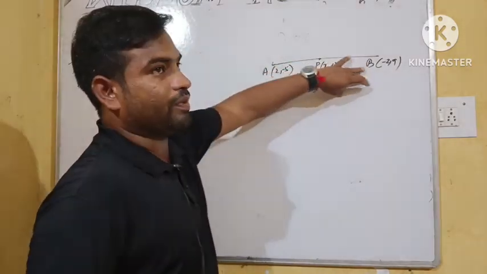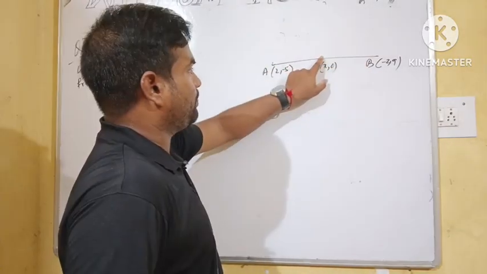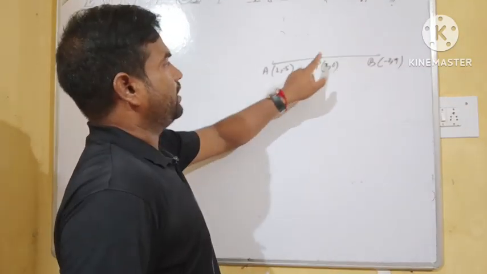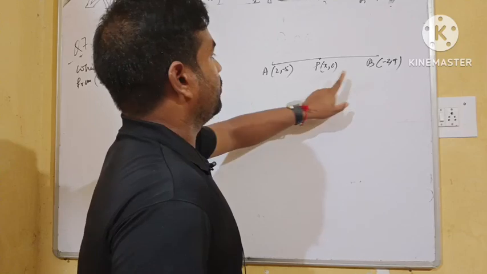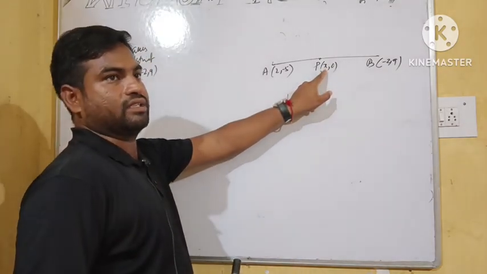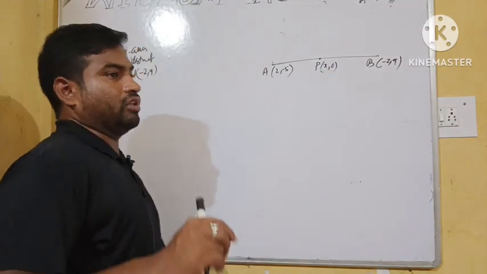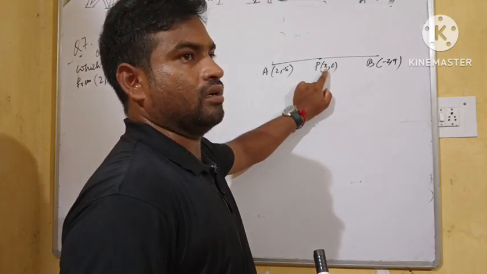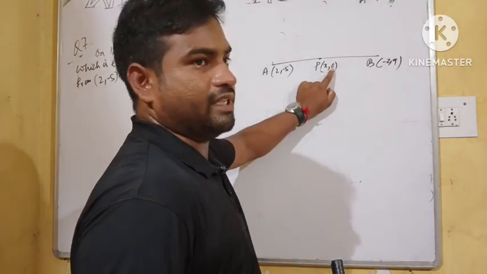Now P is the point which is equidistant from A and B. We have to find the value of x on the x-axis. On the x-axis, the value of y will be 0.